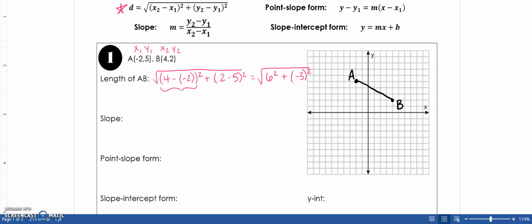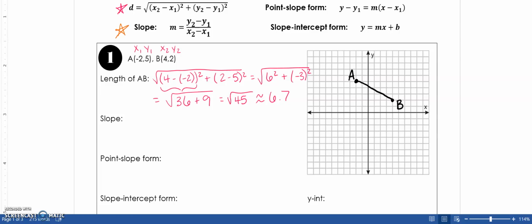Again, because it's a negative number and I'm squaring it, I want to put it in parentheses. So 6 squared gives me 36. Don't drop your square root. And then -3 squared is a 9. So combine it, you get square root of 45, which, if you plug that into your calculator, is approximately 6.7 units long.